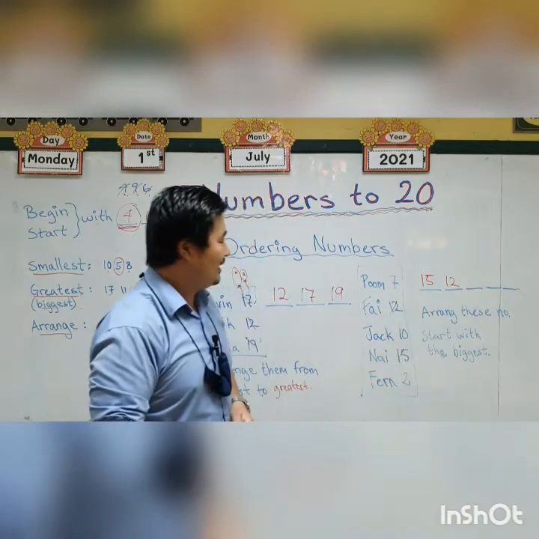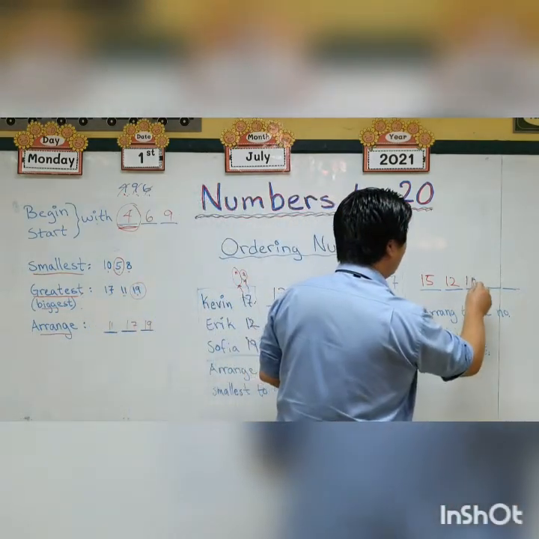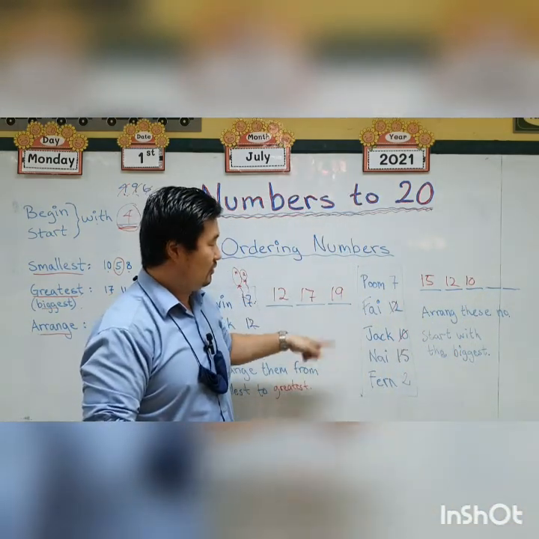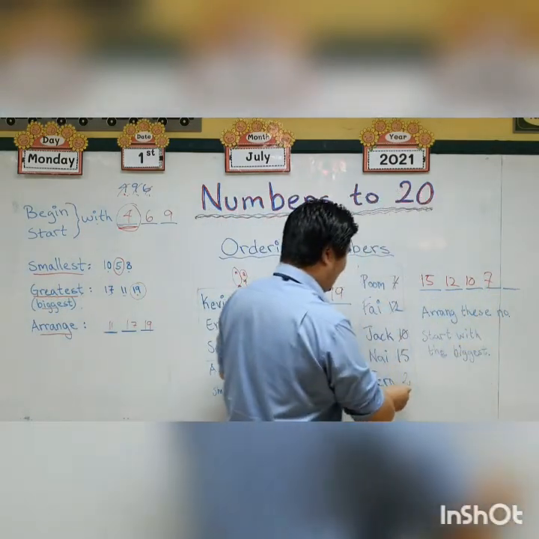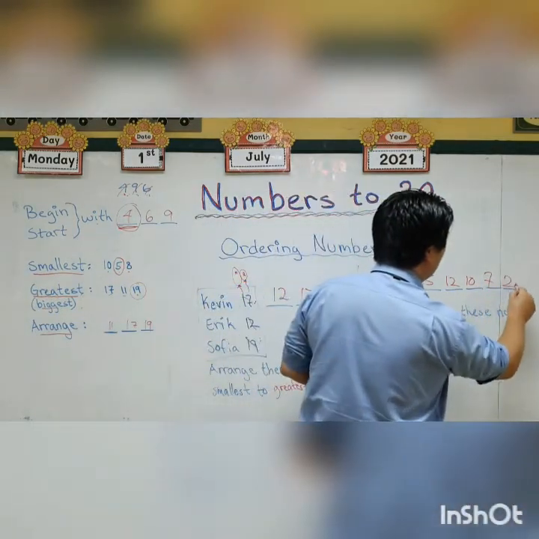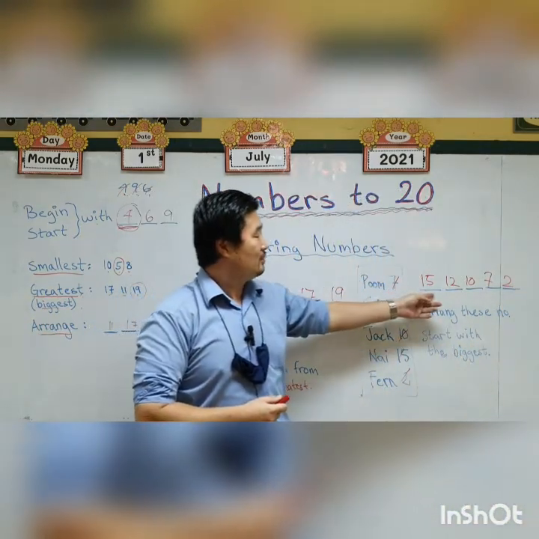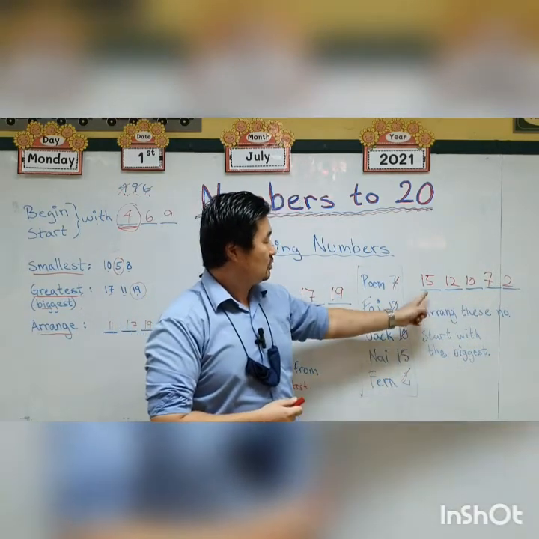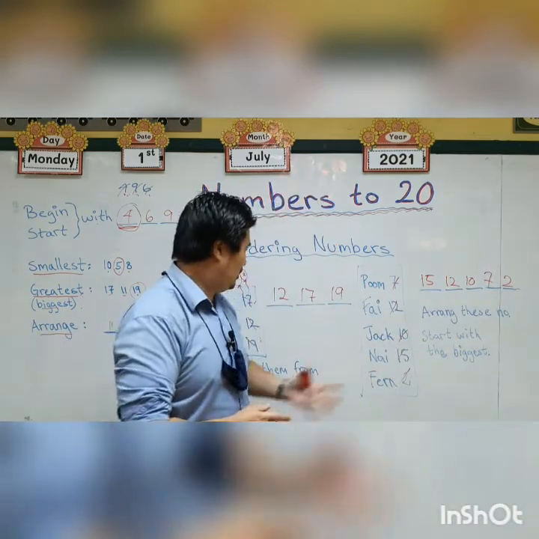And after 5, Jack with 10. Good. And then Boom or Fern? Boom. Yes. 7. And lastly, Fern with 2. Good. So now we have arranged these flowers from the biggest to the smallest. Biggest or greatest.